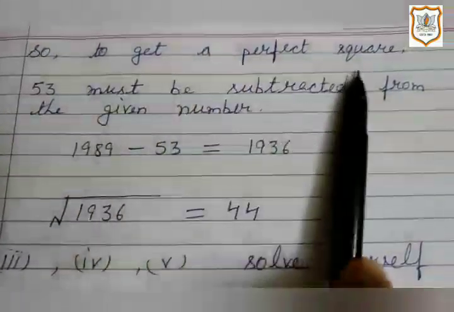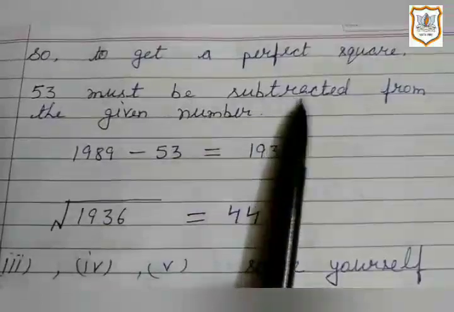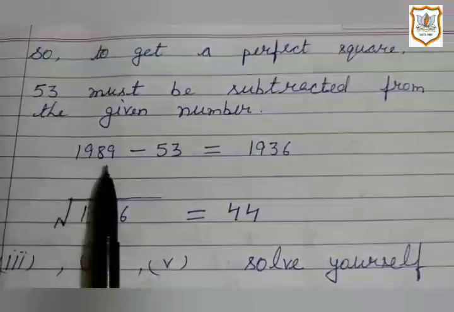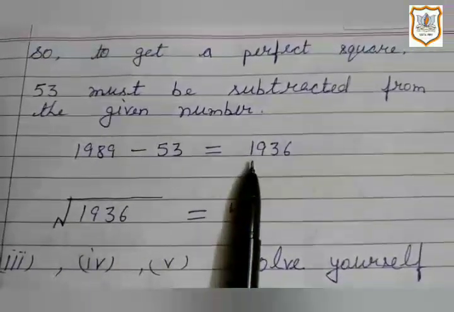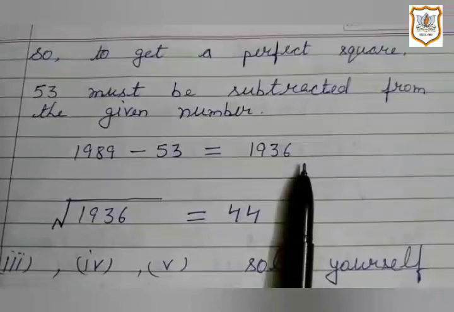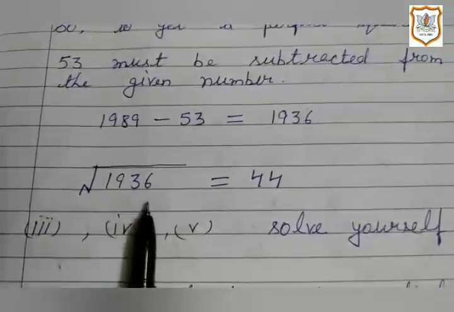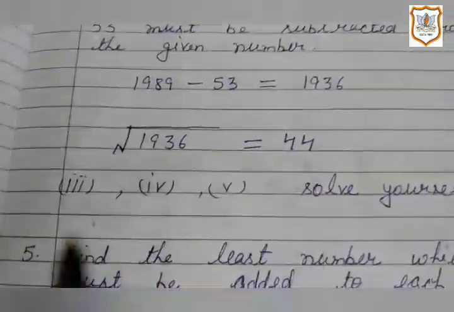So to get a perfect square, 53 must be subtracted from the given number. 1989 minus 53 equals 1936. The square root of 1936 will be 44.